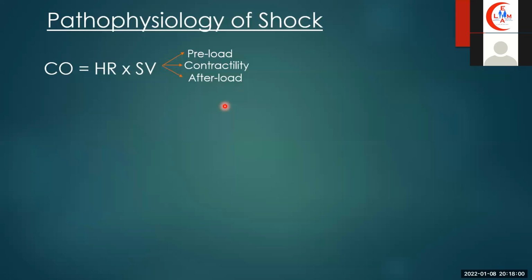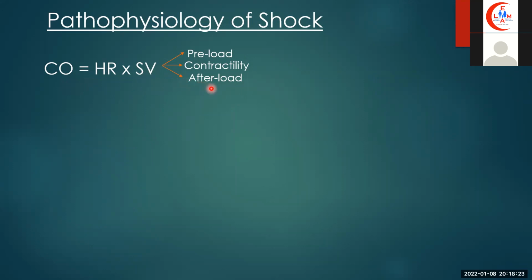So as the amount of the venous blood increases, the stroke volume will increase, and this will increase also the cardiac output. Contractility of the heart: if the contraction of the heart is good, its stroke volume is also high, and this also increases the cardiac output.